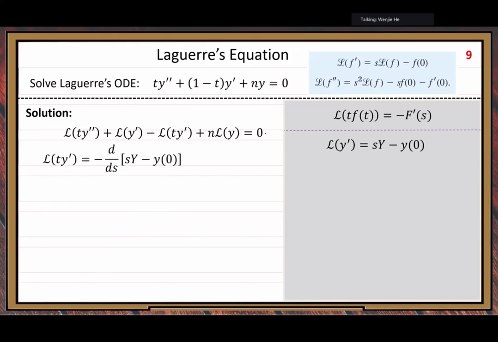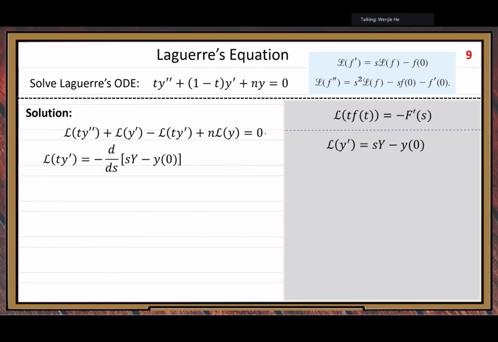Then this term: take a negative derivative with respect to s, and inside is the Laplace transform of y prime.